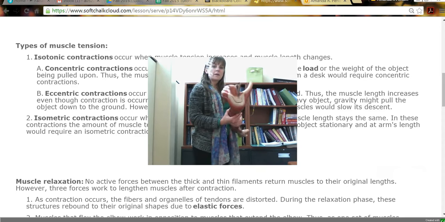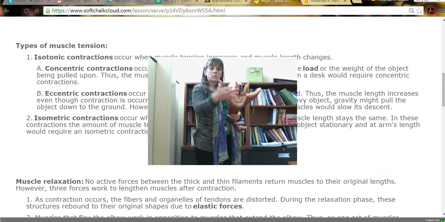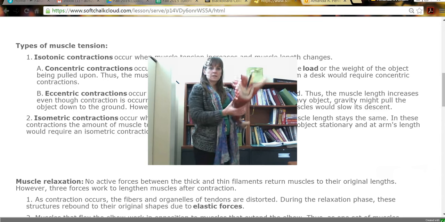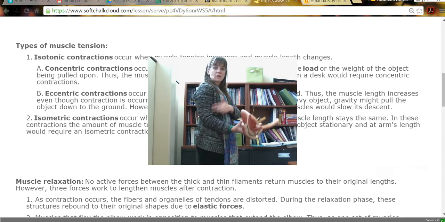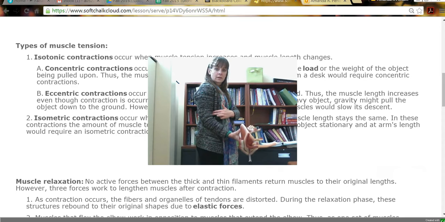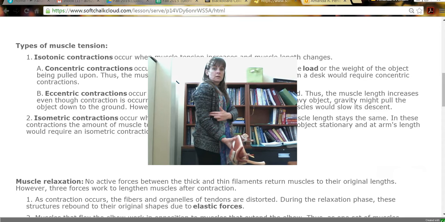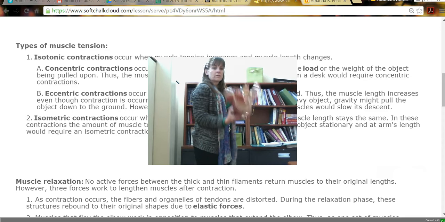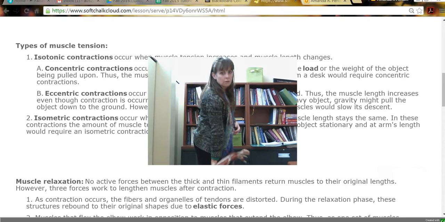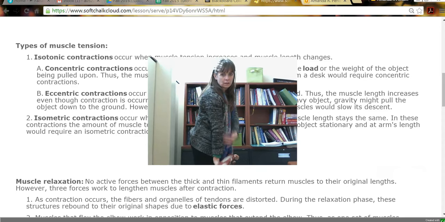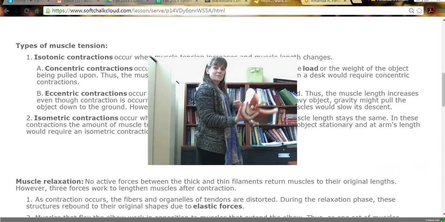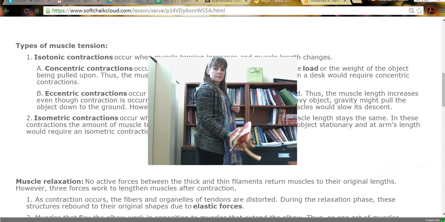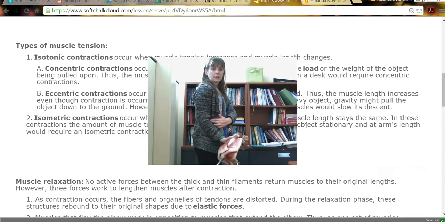So that would be a situation where the weight of the object is greater than the tension that can be produced. So even though I'm contracting, this muscle is lengthening. Now if there was no contraction, it would do this. There'd be no tension there. So the reason we know there's tension is because I'm slowing its descent, but the muscle is still lengthening.